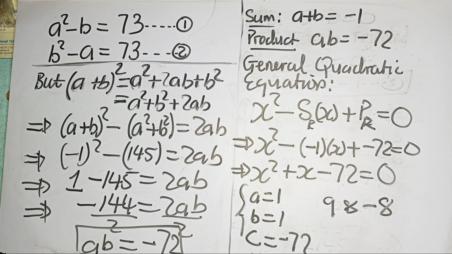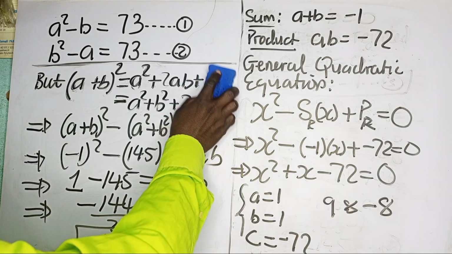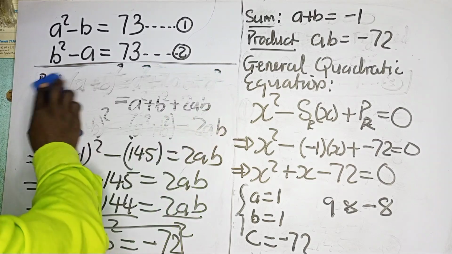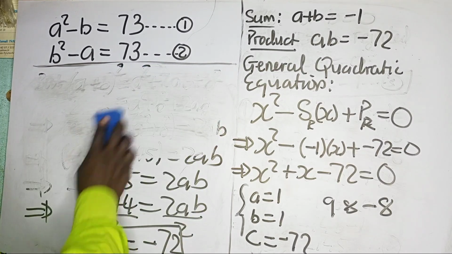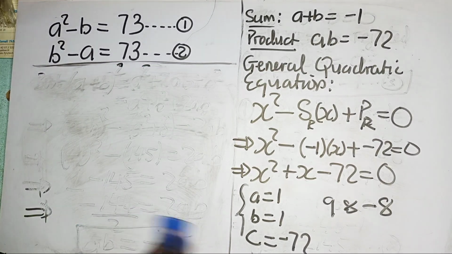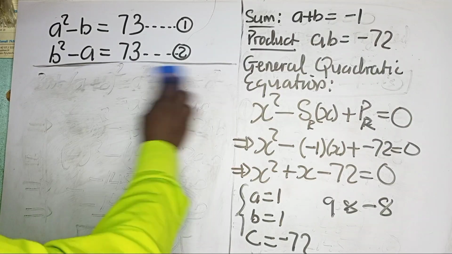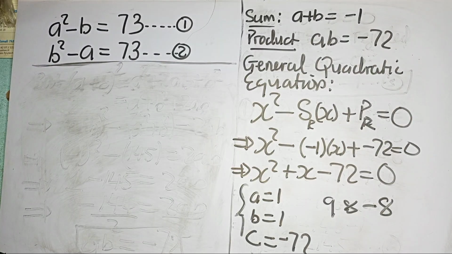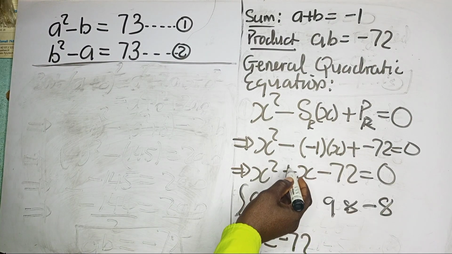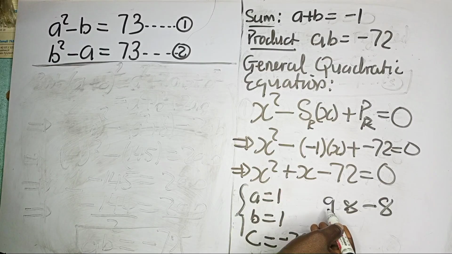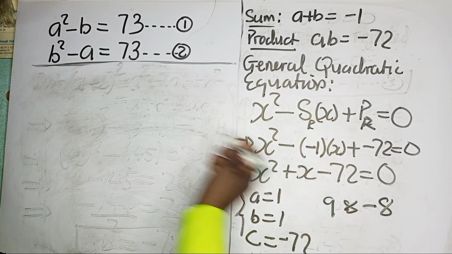So using our factorization method, we now rewrite this quadratic equation. In the place of 1 here, we're going to put -8 and 9.